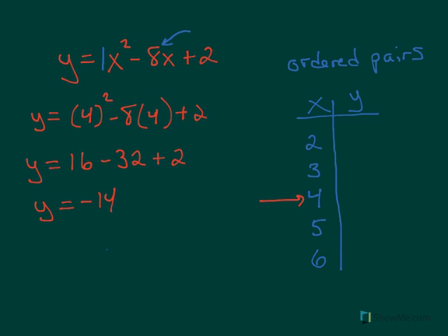So when x is 4, the output y is negative 14. So that's going to be negative 14. And remember, this is going to be where our vertex is. So that's going to be the ordered pair at the center of the graph. And then you just want to complete the 2 points before it and the 2 points after it.